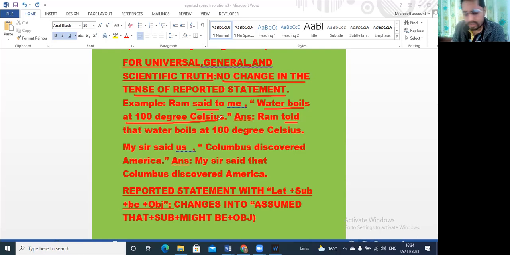Whenever there is scientific truth, no need to change the tense or format. The reported statement remains the same: Ram told that water boils at 100 degrees Celsius.